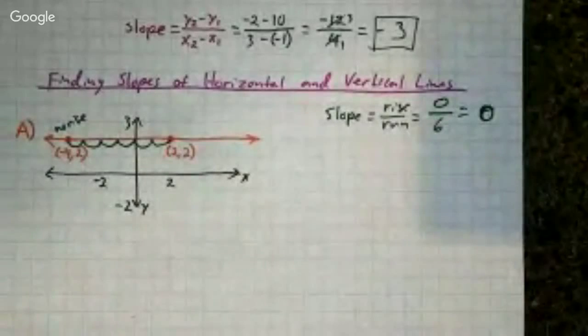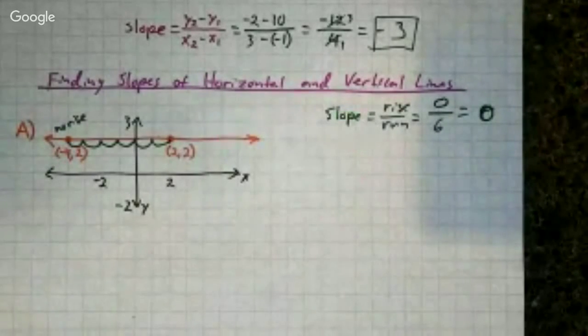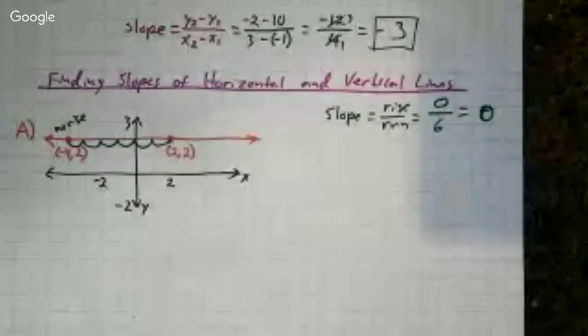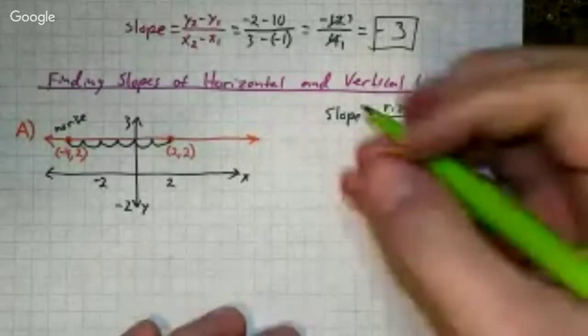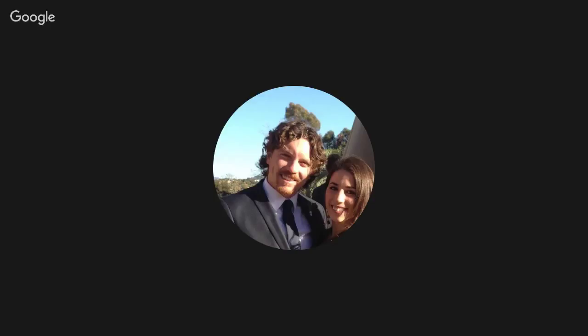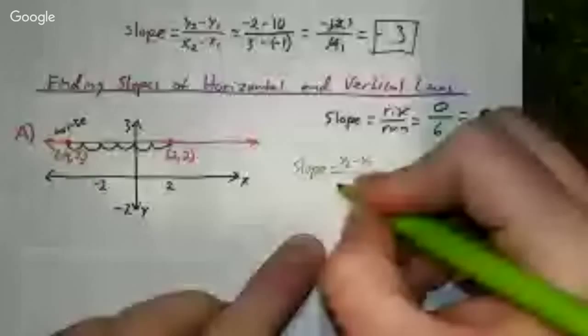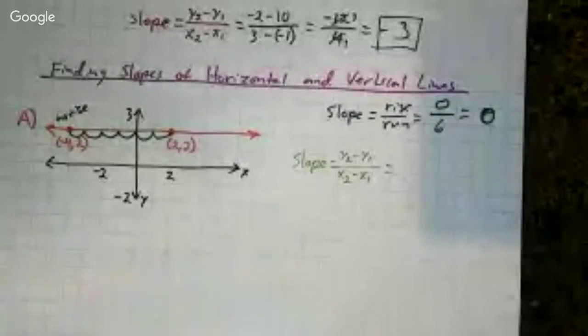The other way to solve this is to, let's do this color, we can say the slope is y2 minus y1 over x2 minus x1. And we just need to fill in the right things.